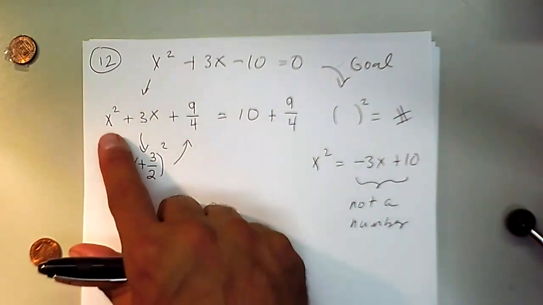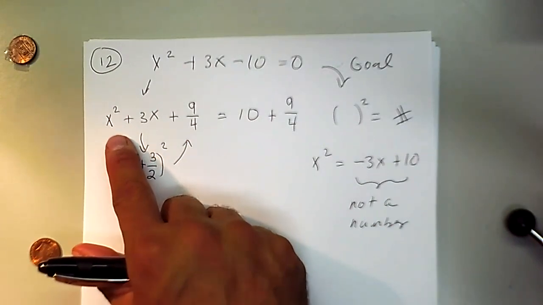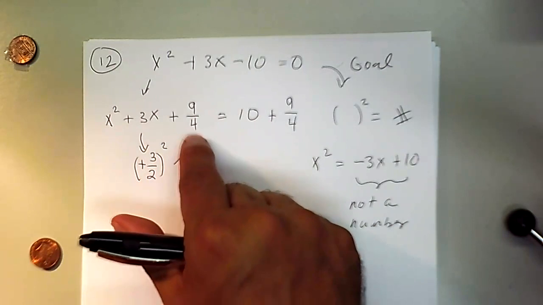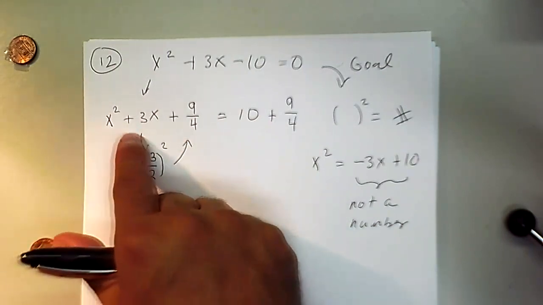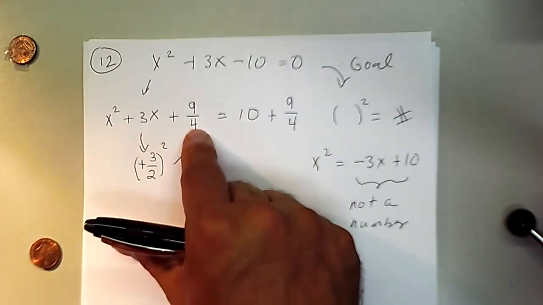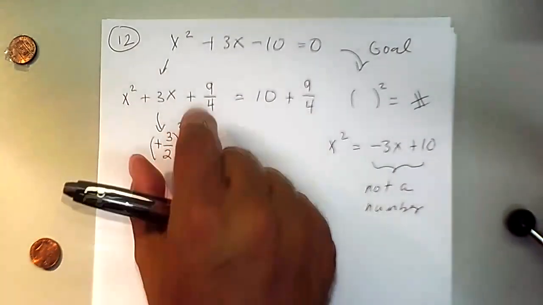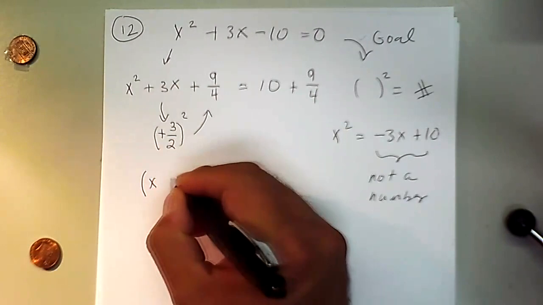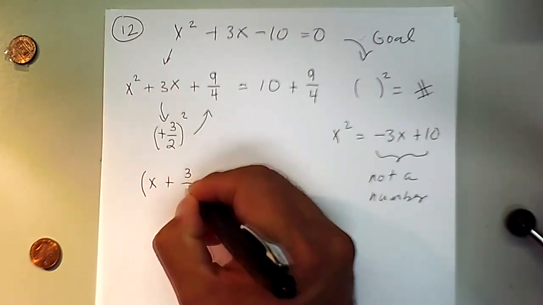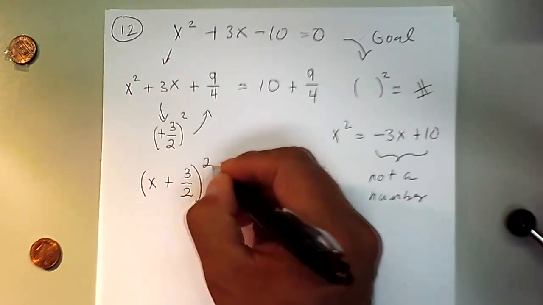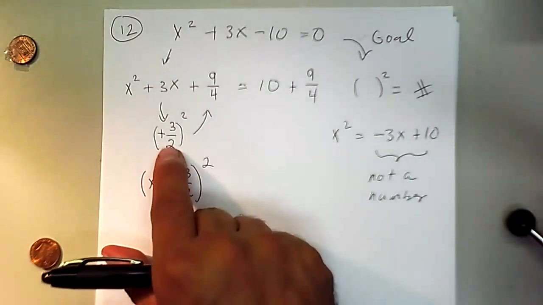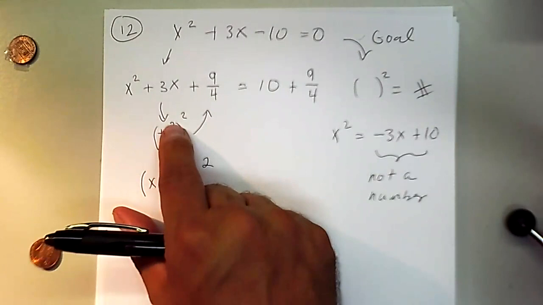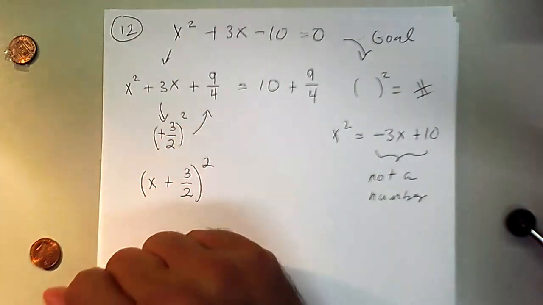All right. And then we engineered this number, this 9 over 4, so that this trinomial factors beautifully. So this guy will be x plus 3 over 2 quantity squared. It is x plus the number before we squared.